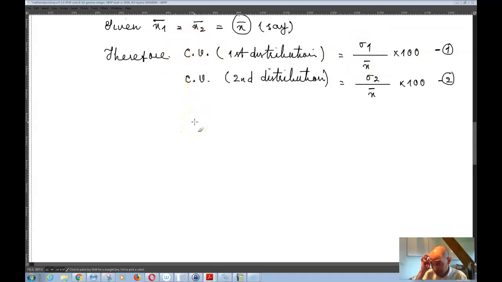So for two series with equal means, whether both are x bar or any other mean, but they have to be equal, the series with greater standard deviation or variance, we can take it as, for example, sigma squared.